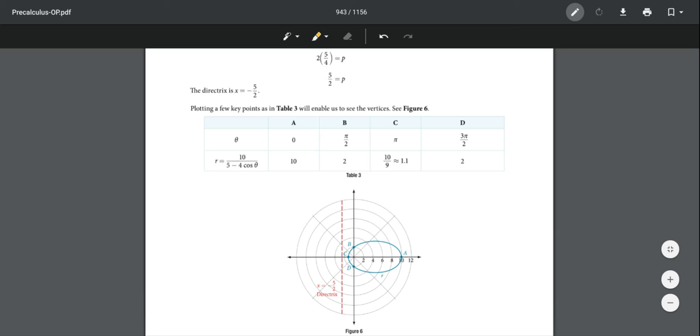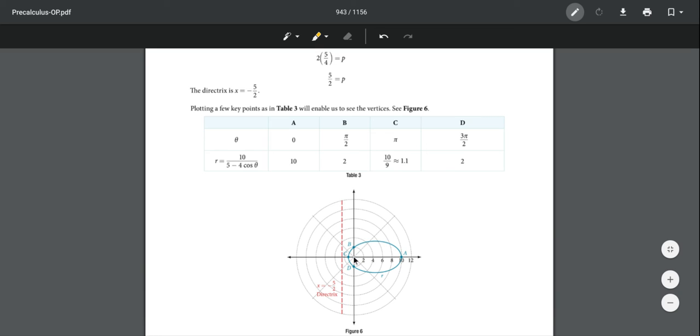Because one of the foci is at the origin, the x-axis is our major axis, which means the r values for 0 and pi have to give us our vertices.